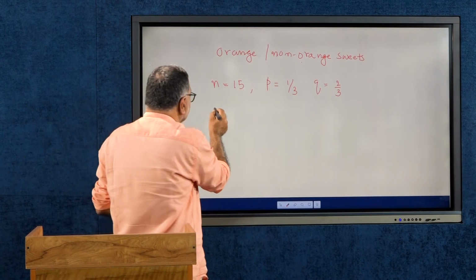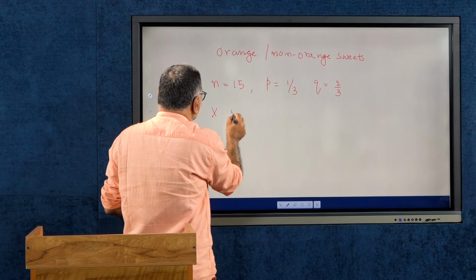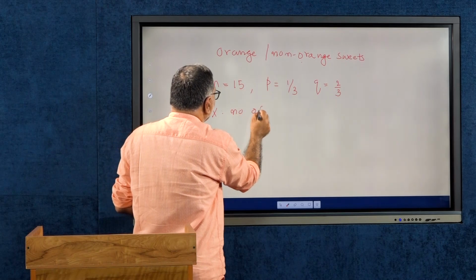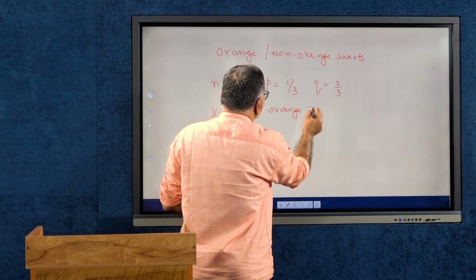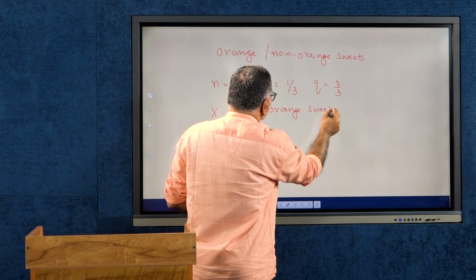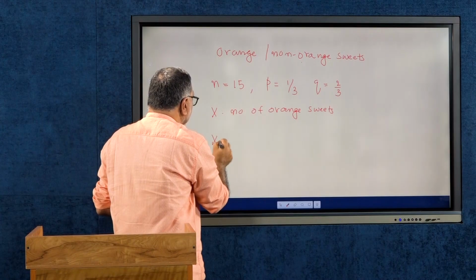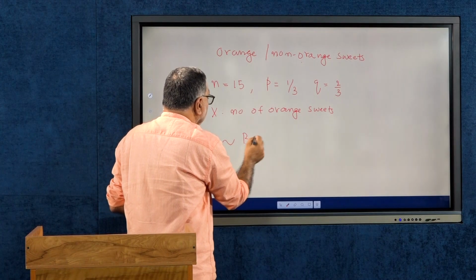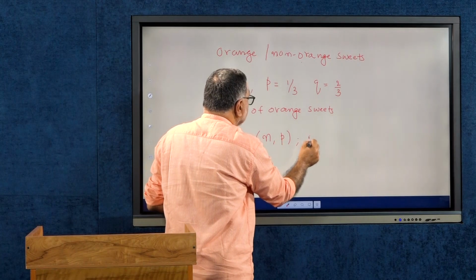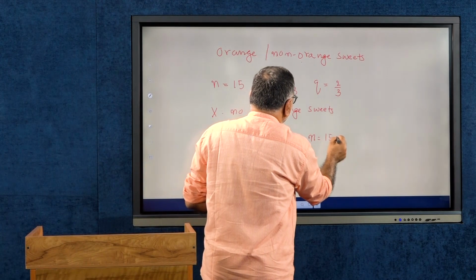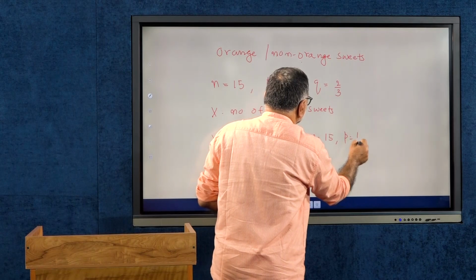Suppose X is the number of orange seeds we obtained. Then X is a binomial random variable with parameters n and p, where n is equal to 15 and p is equal to 1 by 3.